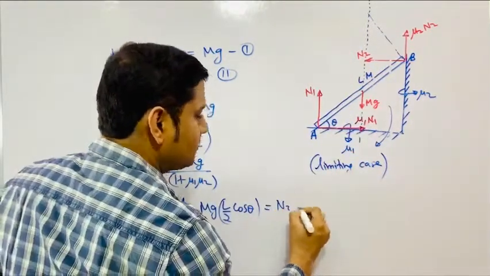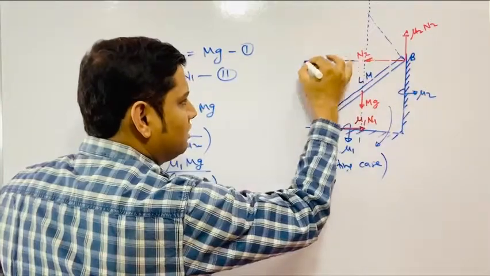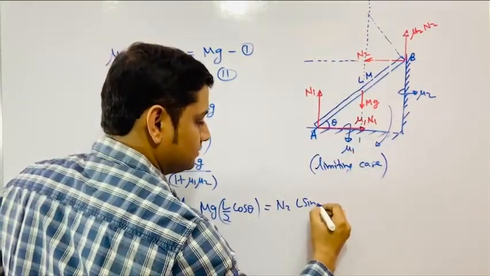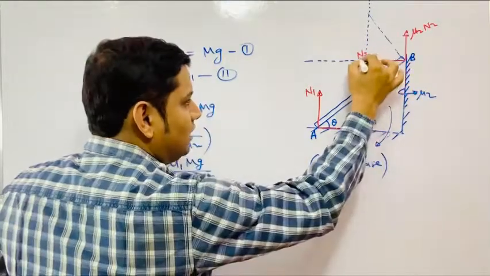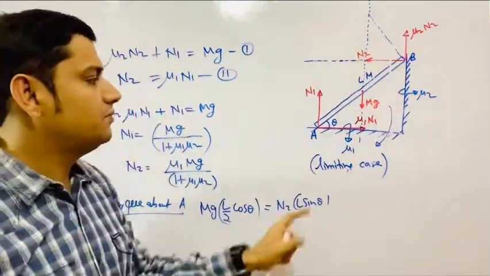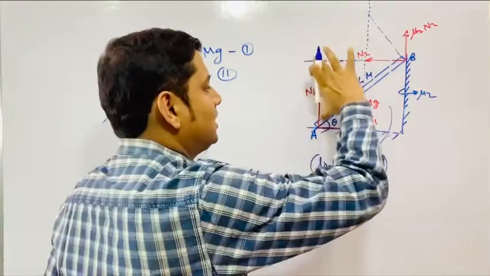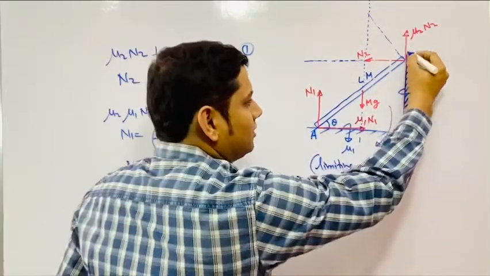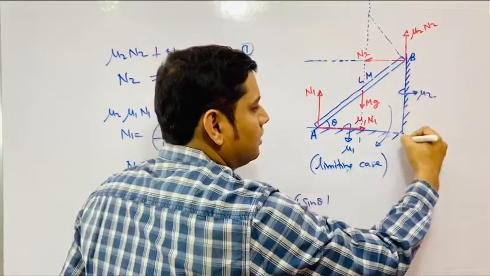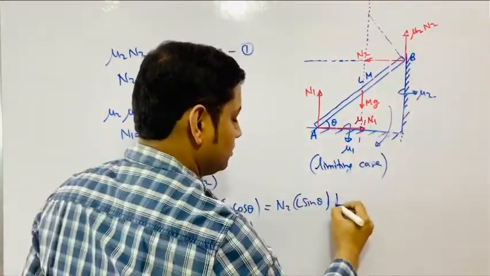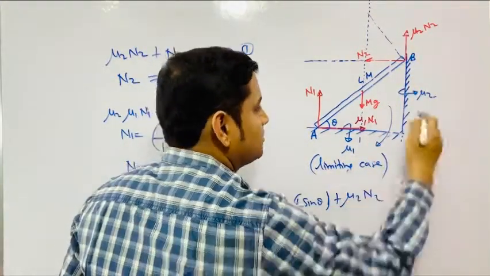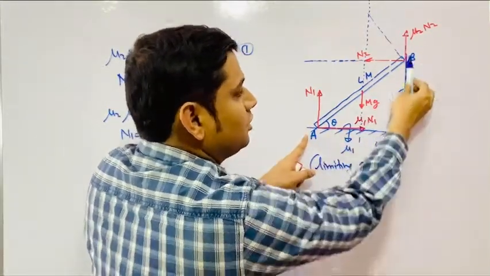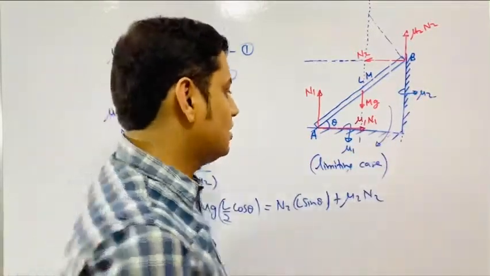N2 into, what is the distance of the line of action of N2 from this point A? This is L sin theta. What about the line of action of mu2 N2 from the axis of rotation?